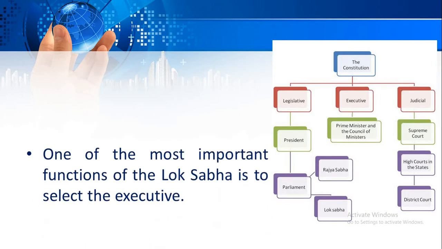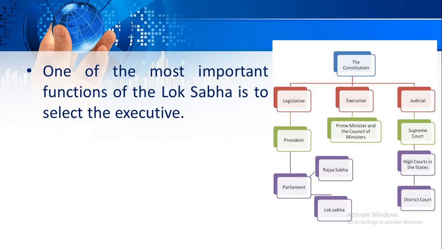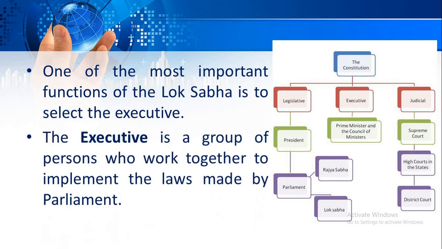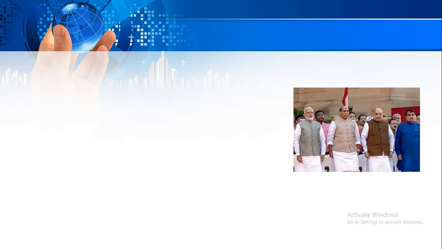One of the most important functions of the Lok Sabha is to select the executive. What is executive? The executive is a group of persons who work together to implement the laws made by Parliament. Prime Minister and Council of Ministers, they are the executive.